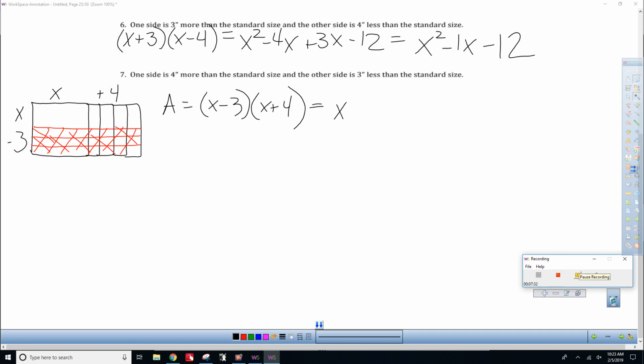All right, so you get X squared plus 4X minus 3X minus 12.